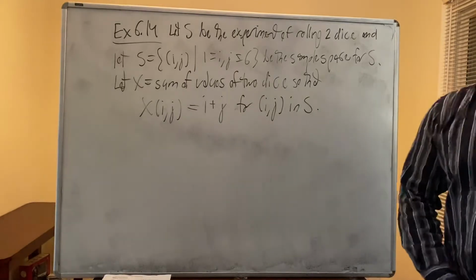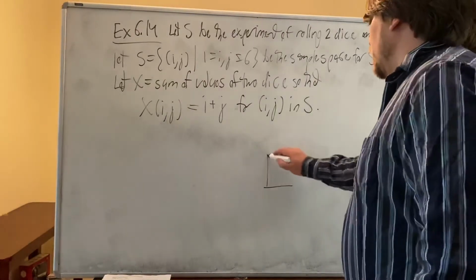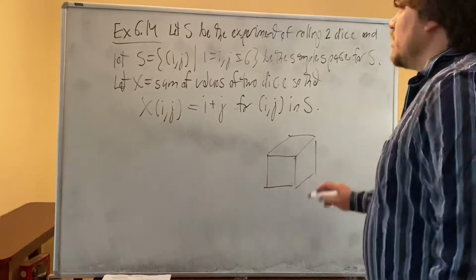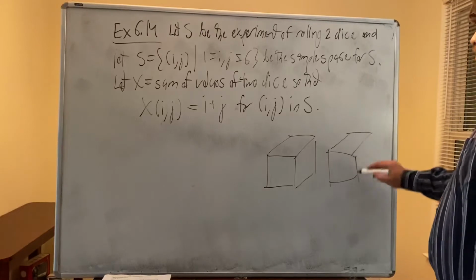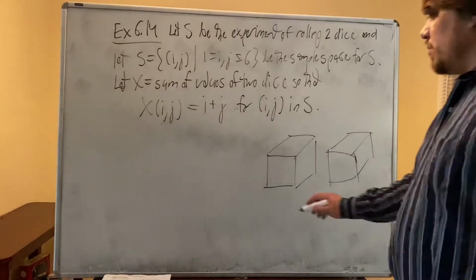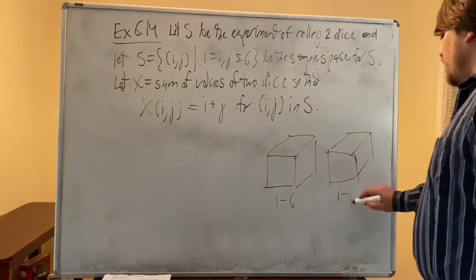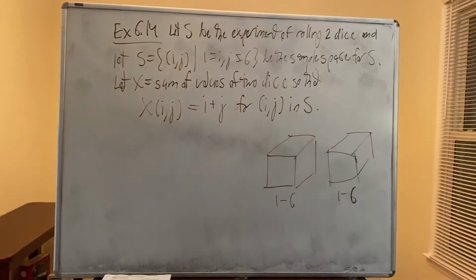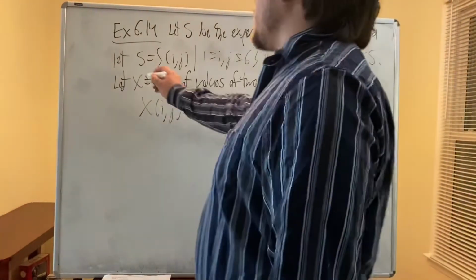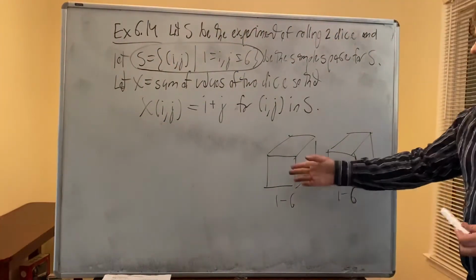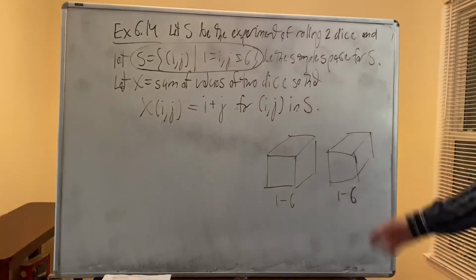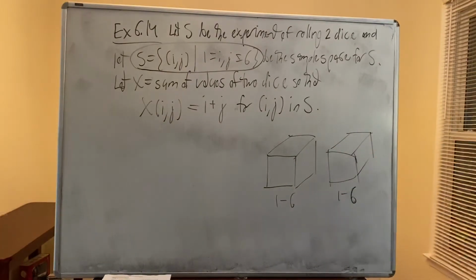Okay, so this is what this is saying. If you're rolling two dice, I'll draw two of these boxes. These are dice. Okay, and so these values go from 1 to 6, and these values go from 1 to 6. And so we're expressing the sample space, the set of all outcomes of this experiment of rolling two dice, as being this set S. Right? That's the set of all ordered pairs where the first member is the number that appears on the top of this die, and the second member is the number that appears on the top of that one.